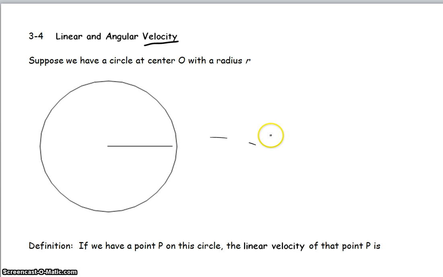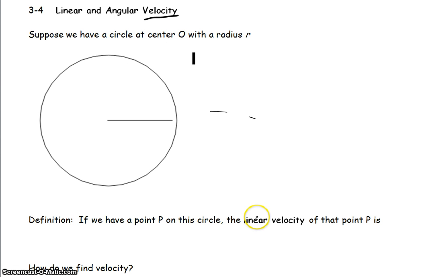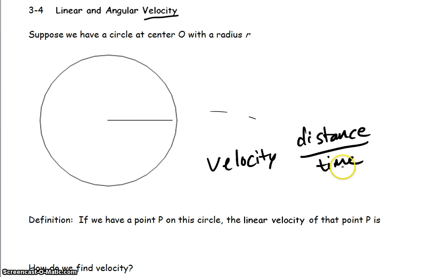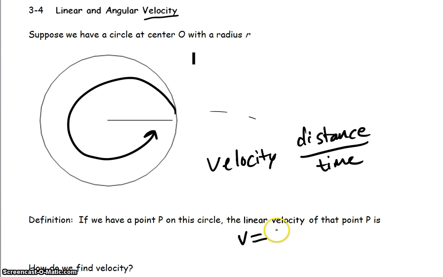Let's suppose we have a point on this circle, and we want to describe how fast this point is going around the circle, because velocity is described as distance traveled over time. If we're talking about a point going around a circle, all we need for this linear velocity is a specific distance over time.